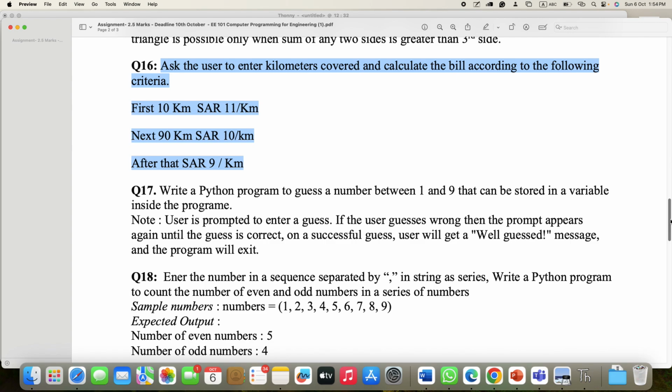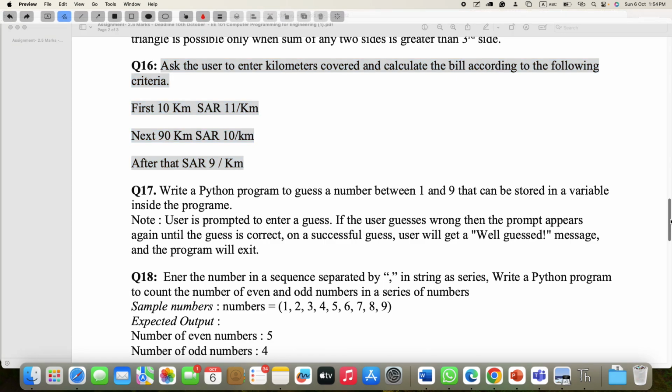But hey ho, you never know, it may be a limousine. The next 90 you pay 10 real per kilometer, right? And after that you pay a flat rate of 9 real per kilometer. So you need to remember this.